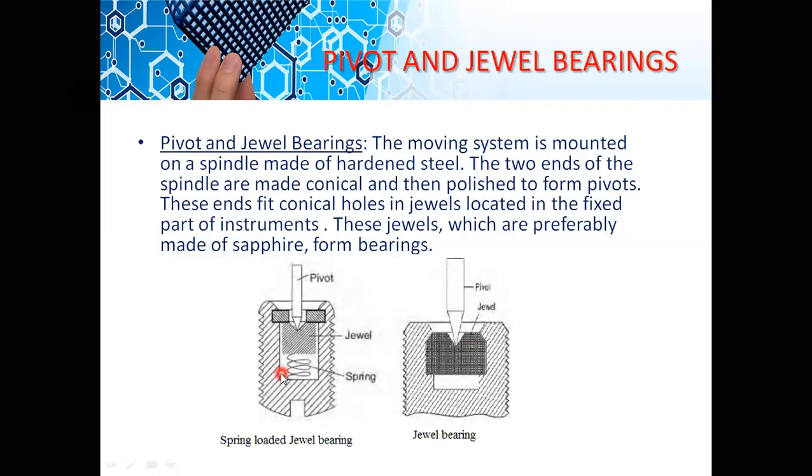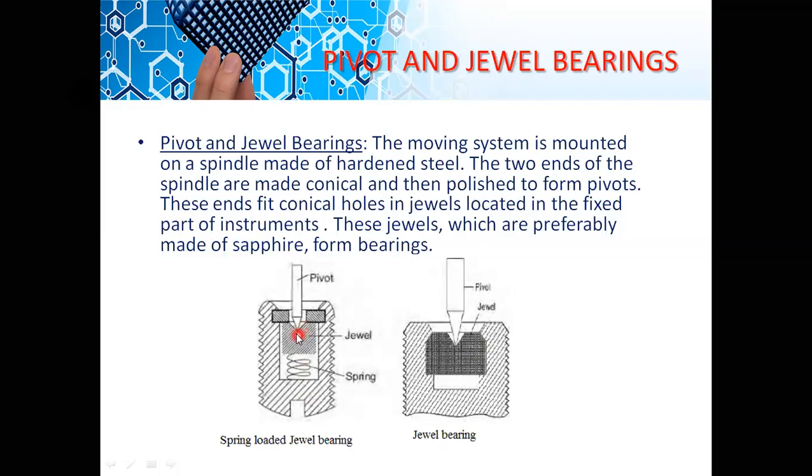And here you can see that there is a spring between the jewel and the fixed part of the instrument. Here the jewel is embedded in the fixed part, but here there is a flexible movement between the jewel and the fixed part. So this spring will increase the life and accuracy of the instrument. Why? Because it will reduce the systematic errors.